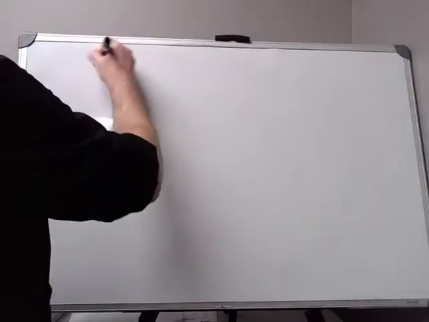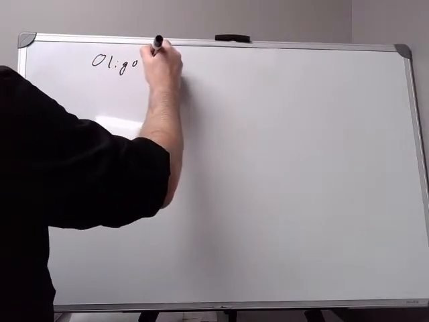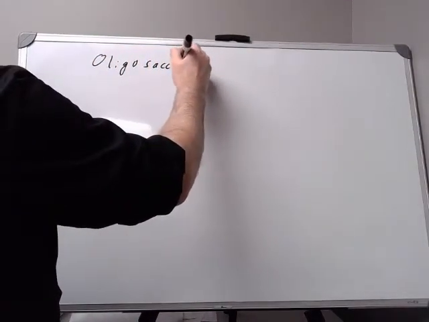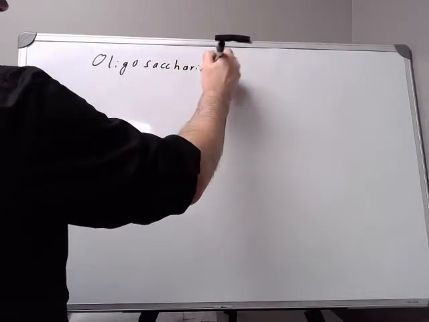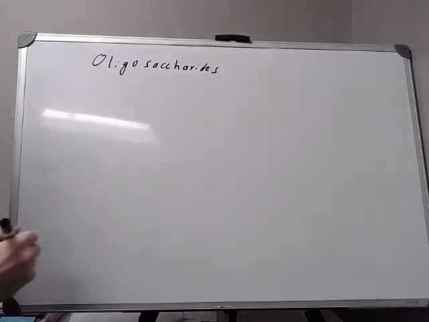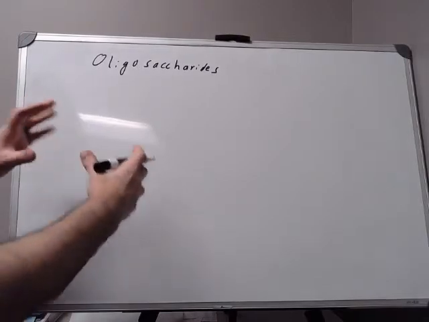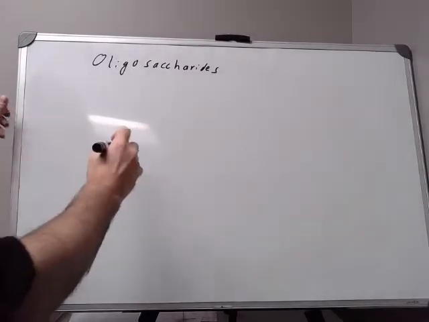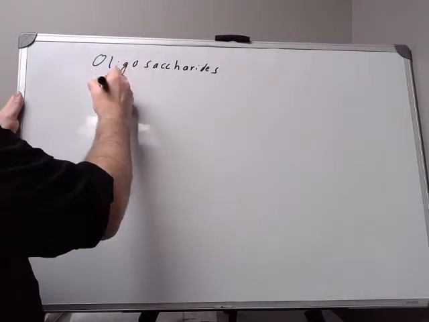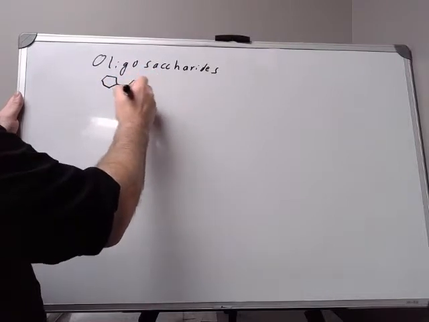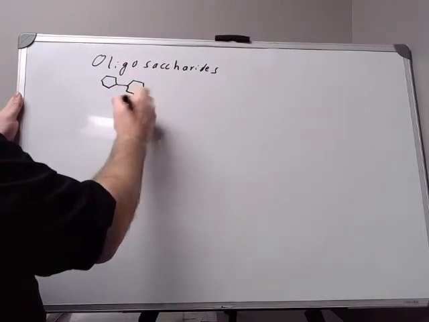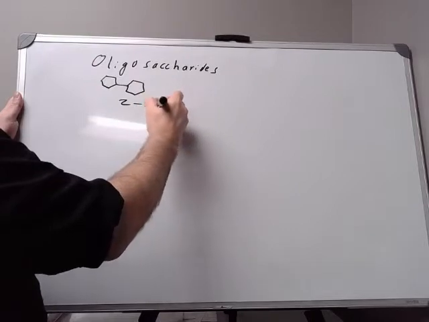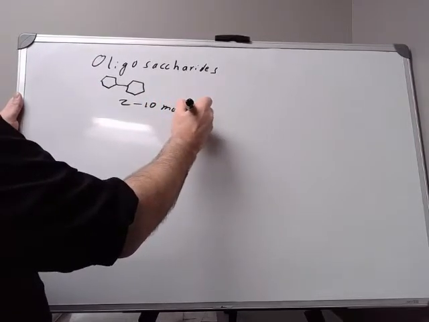Alright, in this video we're going to discuss oligosaccharides, which are chains of monosaccharides between 2 and 10 in length.